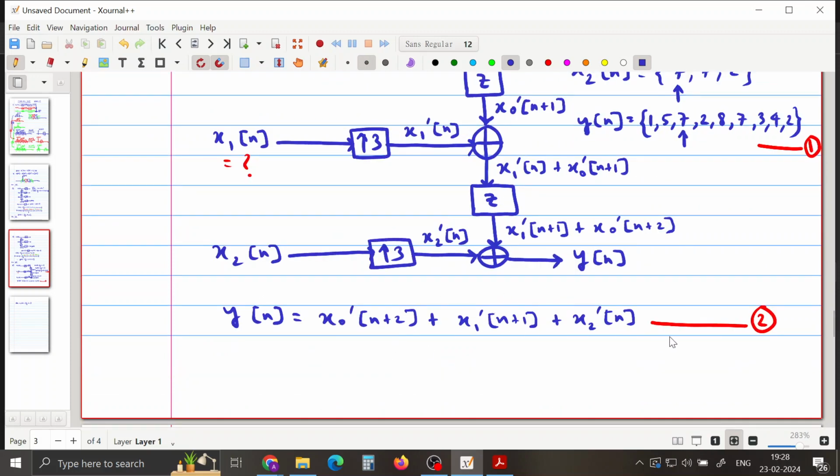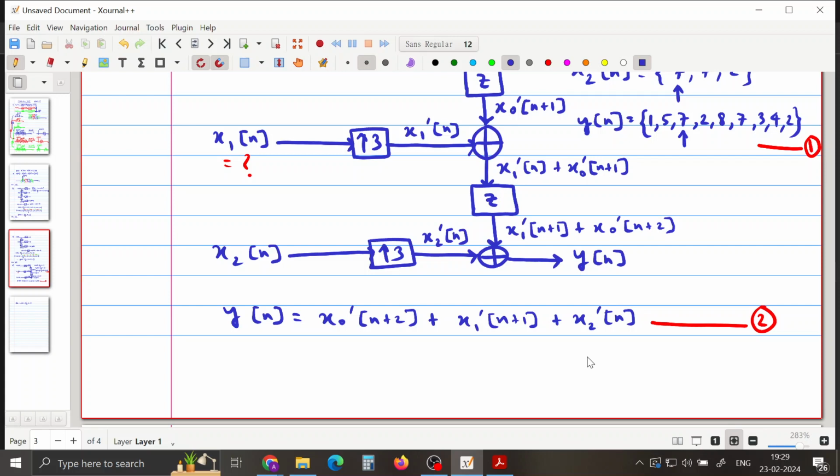Equation 2, which I have labeled, involves x naught prime of n plus 2, then x1 prime of n plus 1, and x2 prime of n. We'll compute these three and add them together. Of course, x1 is not known to us, that's why we assume variables a, b, c, but we can still perform the shifts and other operations on them.